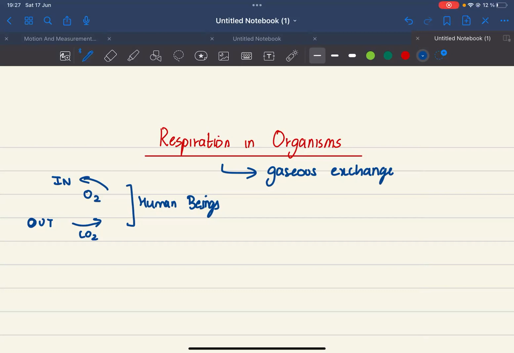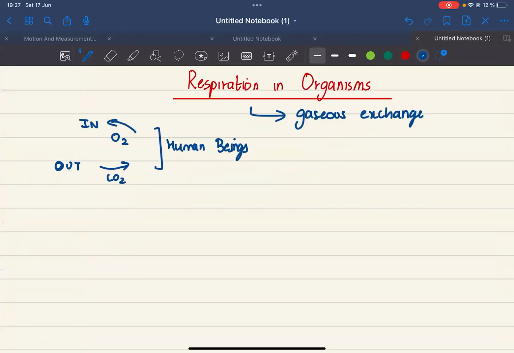So gaseous exchange in an organism is called respiration. Respiration at a cellular level means burning of food to obtain energy. You know that your whole body is made up of cells. Single cells combine together and make up your whole body or organism. Oxygen is required by each cell in order to function.